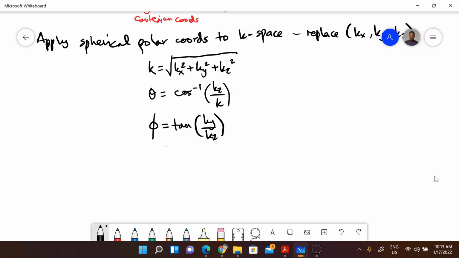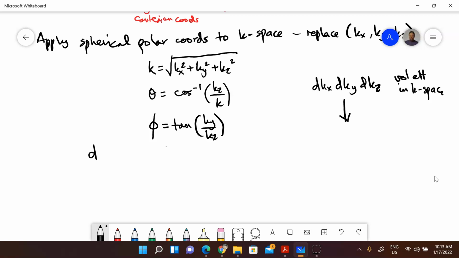One of the things that we want to do is to replace your volume element. So this is the volume element in K space with the new spherical polar coordinates. Let me just write in full over here.